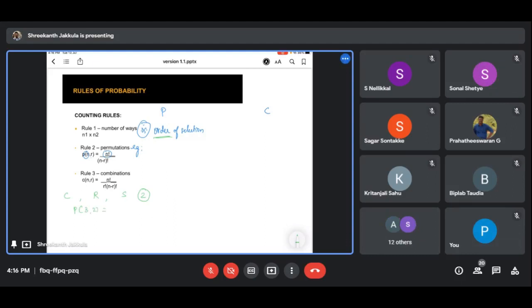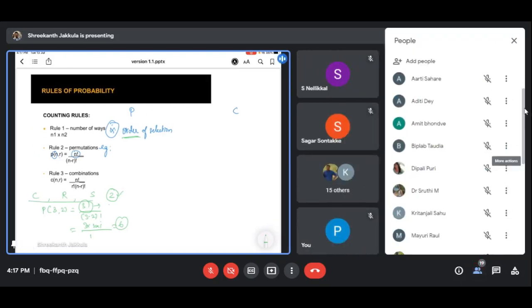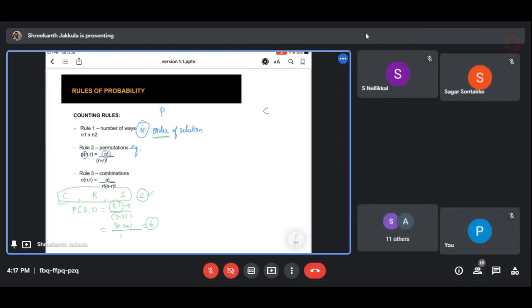So n is 3, so 3 factorial divided by (3 minus 2) factorial. It is expressed as 3 into 2 into 1, divided by 1. So there are 6 ways the patient can get 2 methods of treatment from the 3 ways of management.